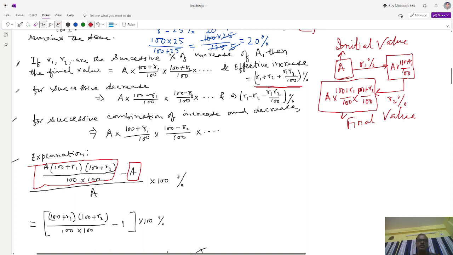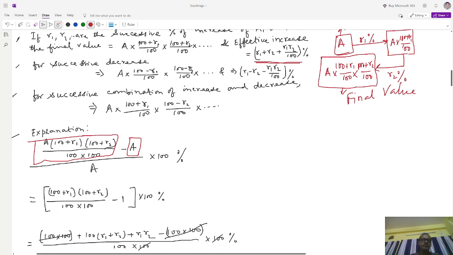And within what value does this change take place? Certainly it is the initial value A. So this change value is divided by the initial value. It is the ratio, and we have to convert this ratio into percentage. Then what we have to do? We have to multiply this ratio by 100 and put the percentage symbol. Okay.